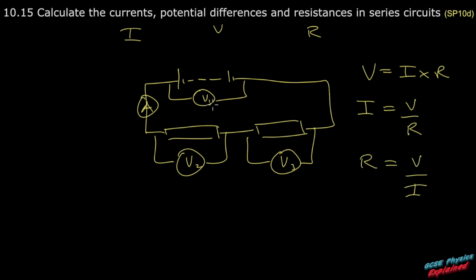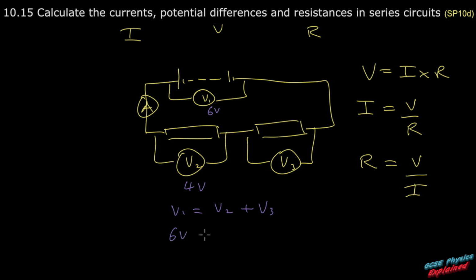So let's just say that V1 was 6 volts. If V2 is 4 volts, well, we know that V1 is going to equal V2 plus V3. So the voltage that you put in gets shared amongst the two components.